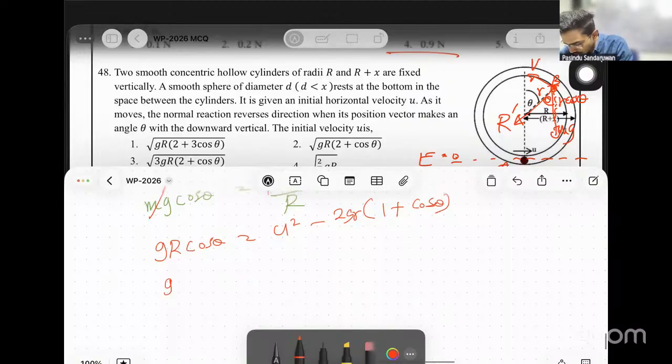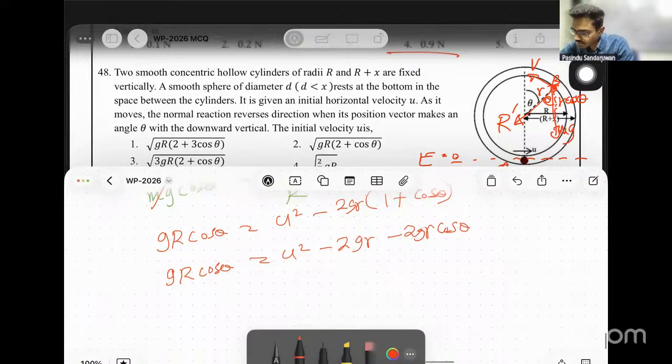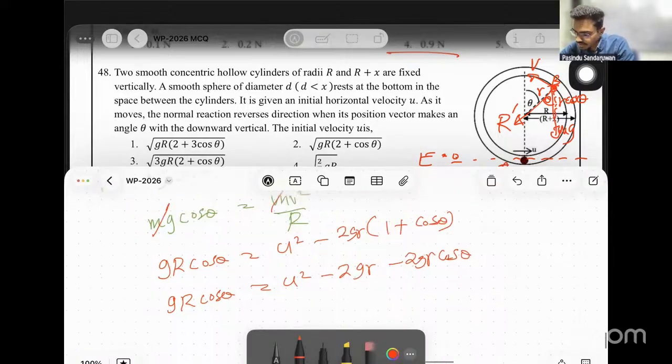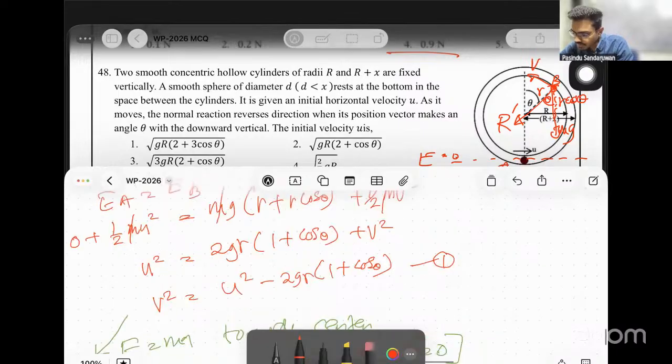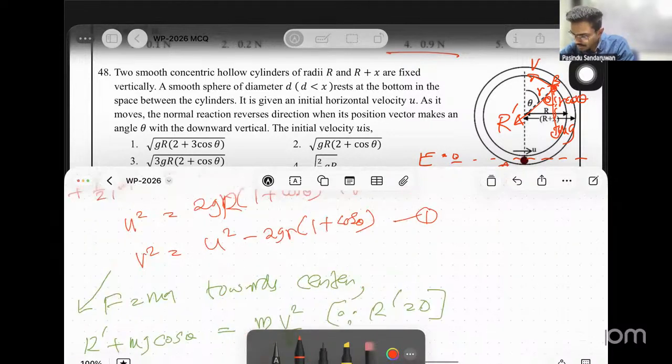Then this is gr cos theta equals u squared minus 2gr minus 2gr cos theta. Then this is capital R all the way from here.